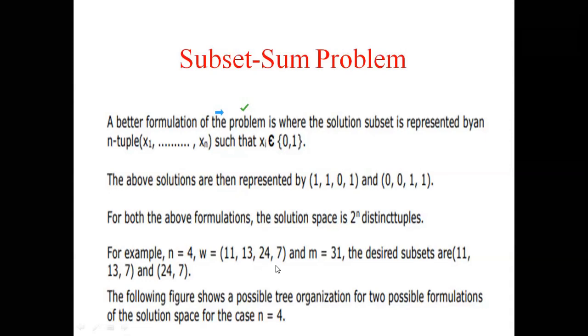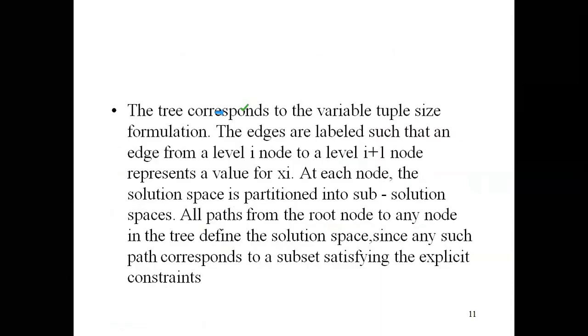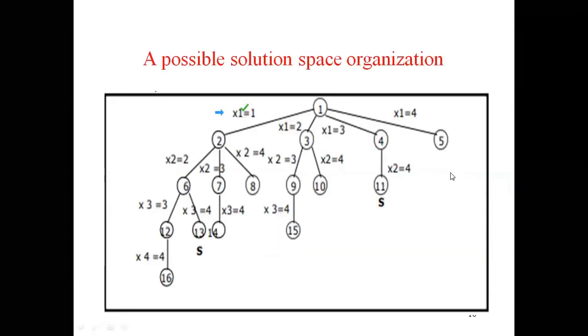So we consider all the subsets of this set W. How many subsets will you get? That is 2 power 4, since 4 elements are there. That is 16. So the leaf nodes represent the 16 possible tuples, a possible solution space. This is the organization for the sum of subsets problem.